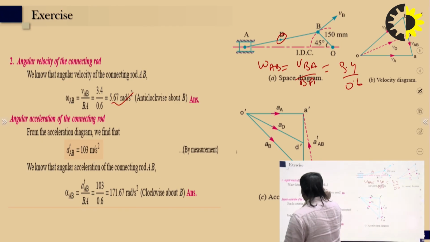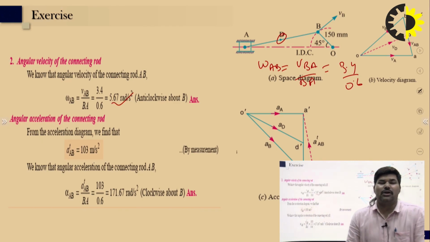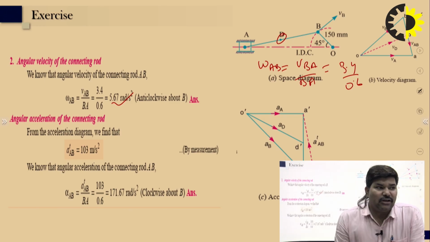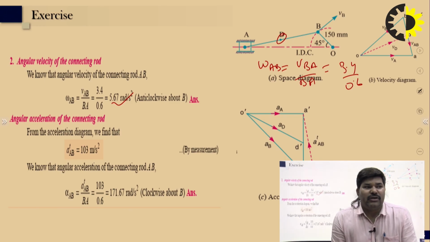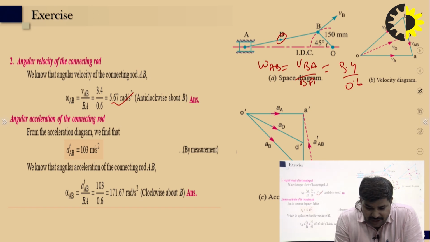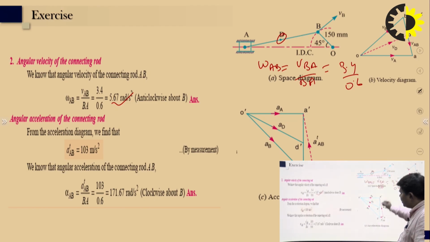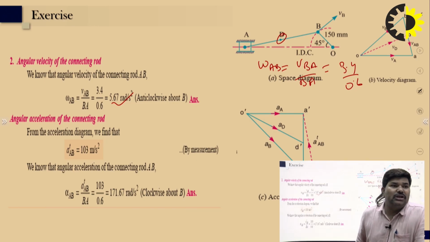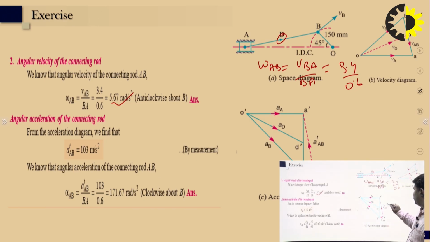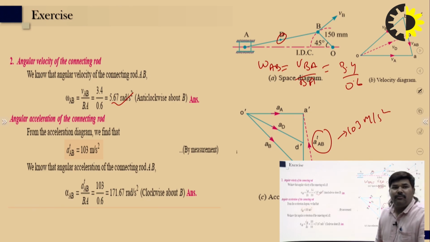So you can calculate 5.67 radian per second, anti-clockwise about B. For the angular acceleration alpha, we have the tangential acceleration ATAB, that is 103 meter per second square, a value obtained from measurement.